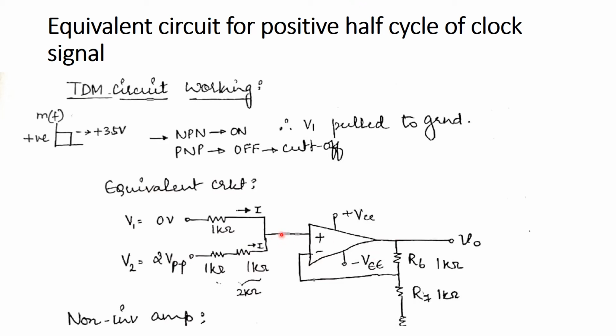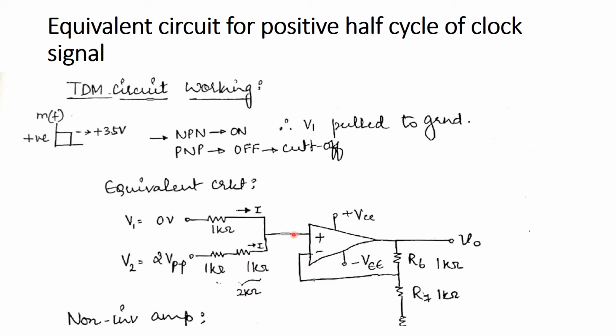So how to analyze the output of this particular circuit? We have to consider the output of this part of the circuit by considering one input at a time. That is, the output of the summer is analyzed by using the superposition theorem.